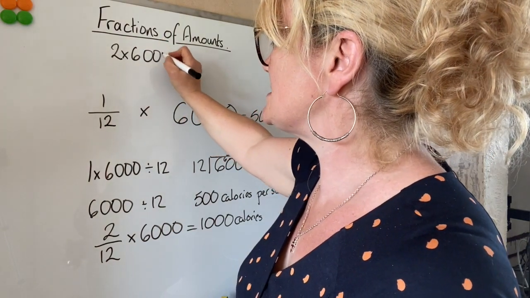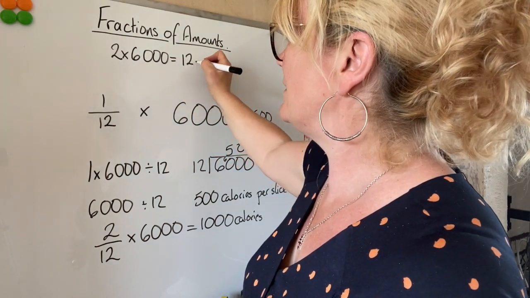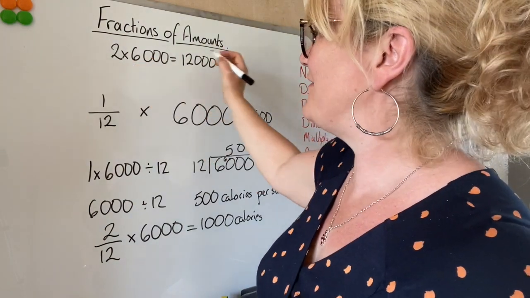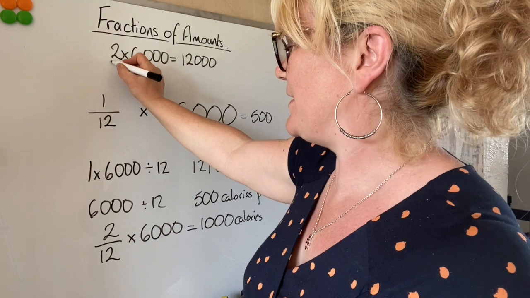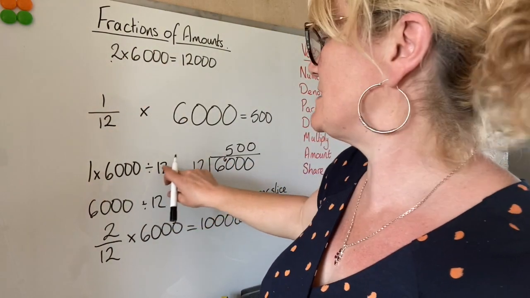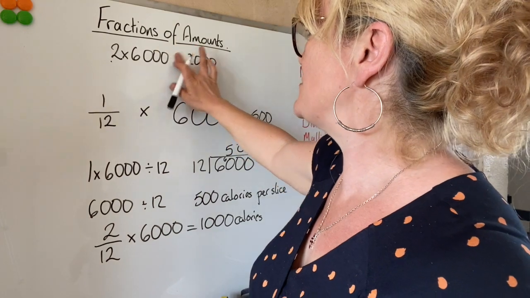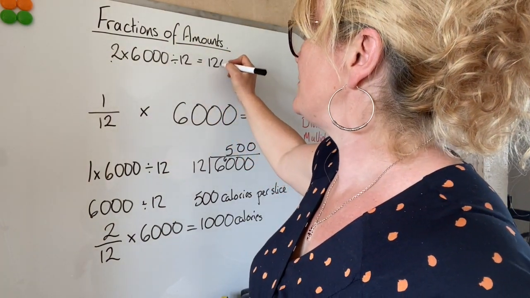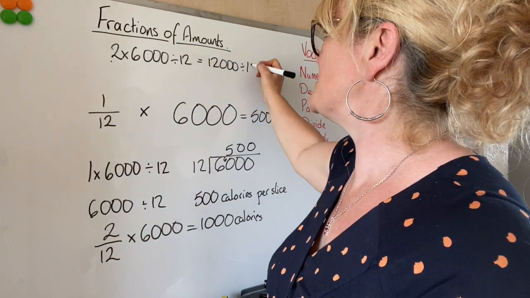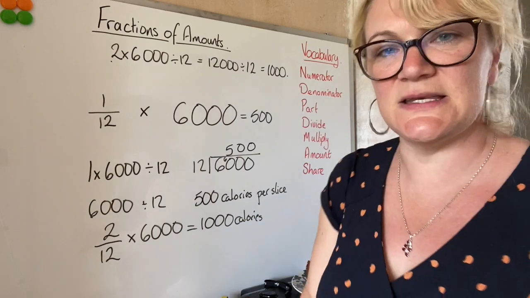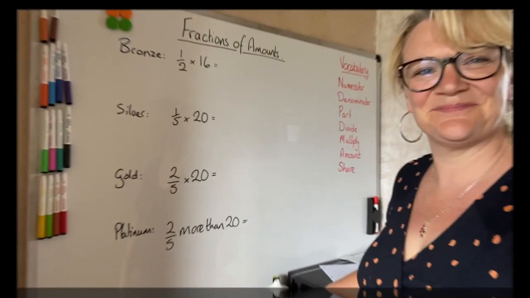So 2 times 6,000, which is 12,000, and then divide that by 12, just like we said here. 1 times 6,000. Here we've got 2 times 6,000, and then we need to divide by 12. So that's 12,000 divided by 12, which is 1,000. We end up with the same answer, just like we should.